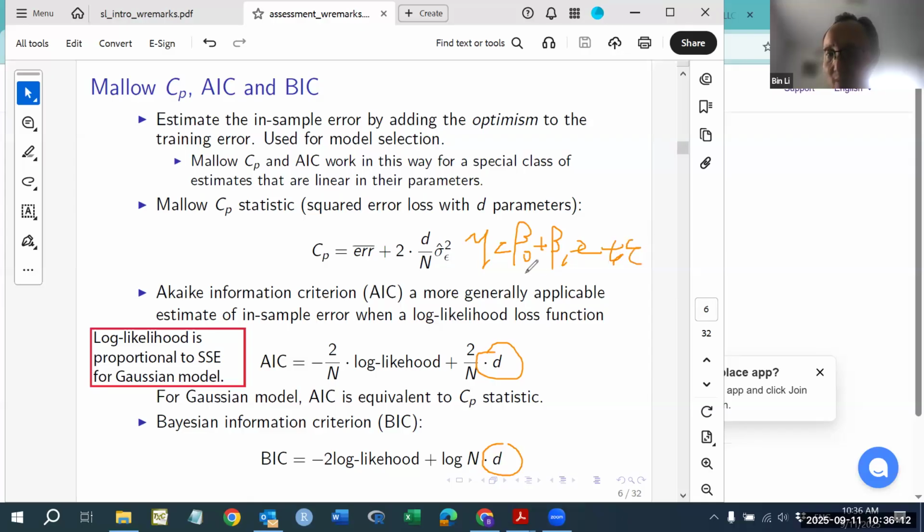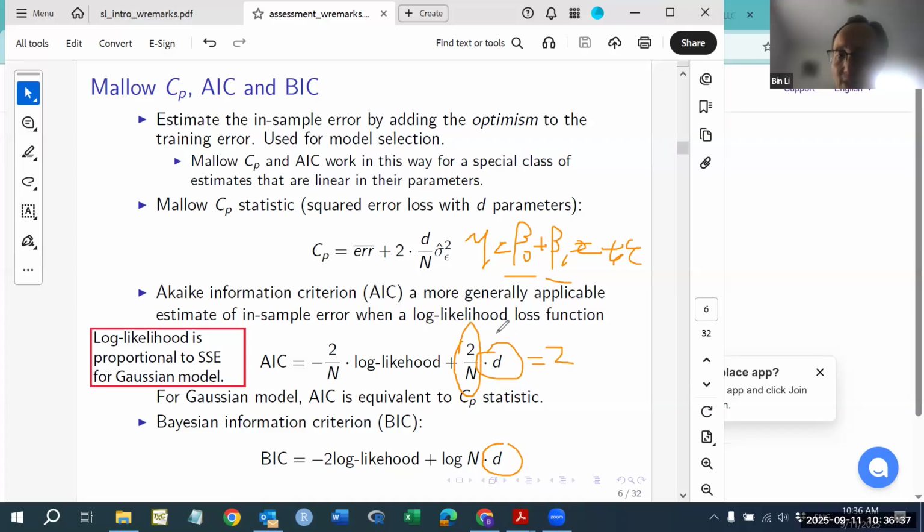How many parameters do we have? We have two, beta 0 and beta 1, right? So d equals 2. The number of parameters in the model is a good way to measure how complex the model is, and then it is multiplied by a penalty.